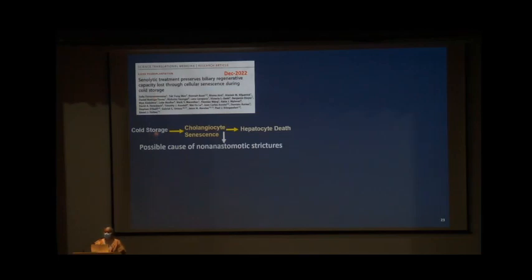So what is known is that during cold storage, there are some defects occurring in the donor liver, and this can actually lead later in life, in the recipient, to, you know this term much better, non-anastomotic strictures or biliary strictures. And biliary strictures later in the life of an allograft can actually lead to increased morbidity. And using a preclinical model, what this group showed was that cold storage actually leads to more cholangiocyte senescence.